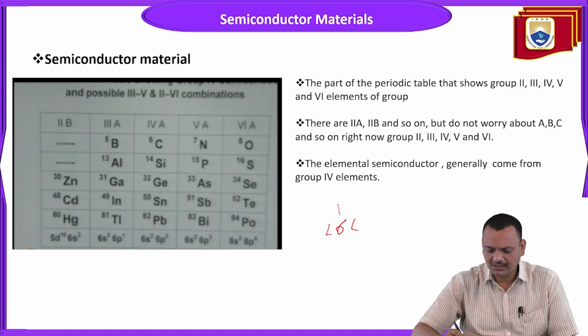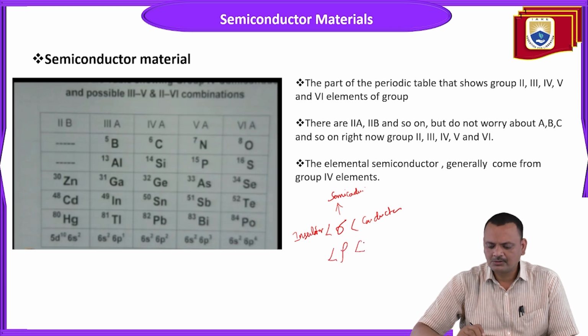If this is a semiconducting material, its conductivity will be greater than an insulator but less than a conductor. Or on the basis of resistivity rho, the resistivity is greater than a conductor but less than an insulator.